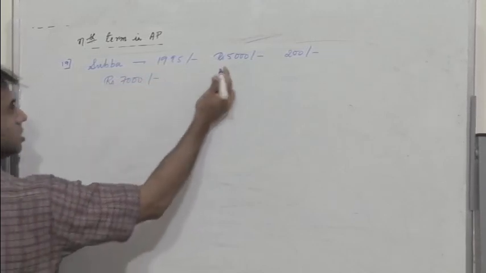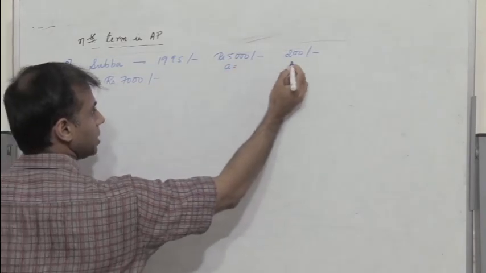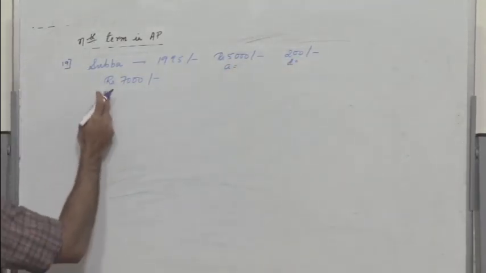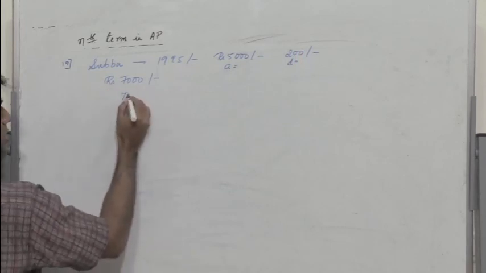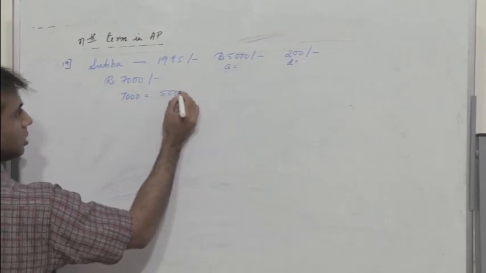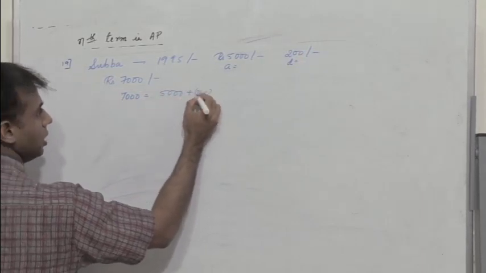Now this is AN, and D, which is the increment, is 200, and AN is 7,000. So we have 7,000 equals A, which is 5,000, plus N minus 1 into D, 200.